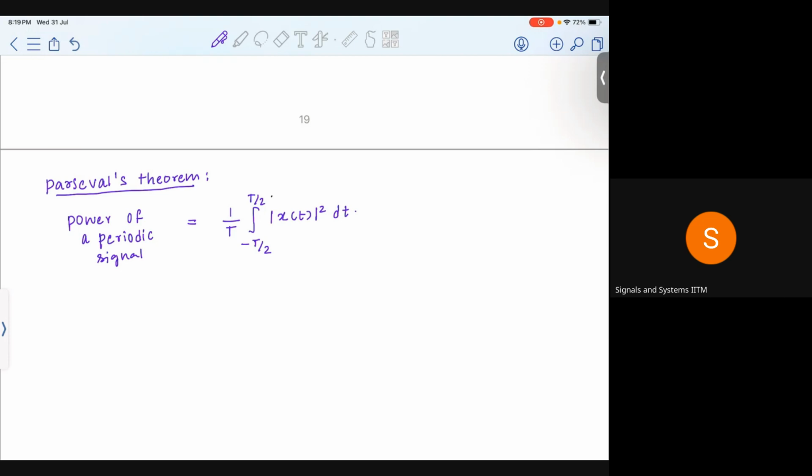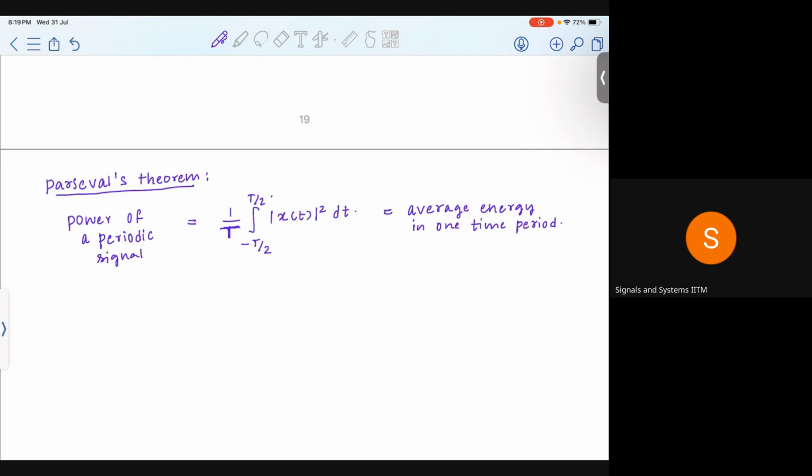This is something we already learned from our earlier lecture videos, that the power of any periodic signal is the average energy within one time period. Why is the power not the overall energy in a single time period?